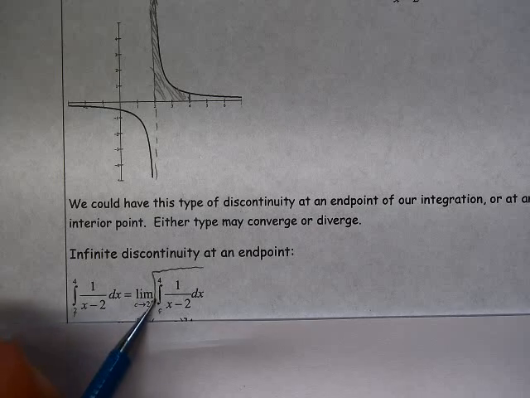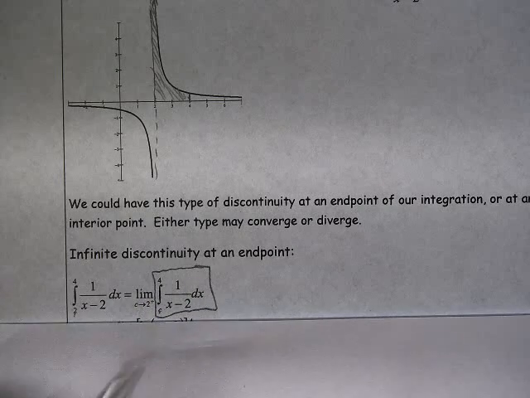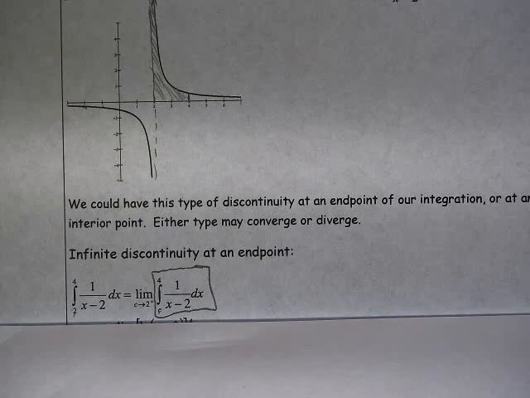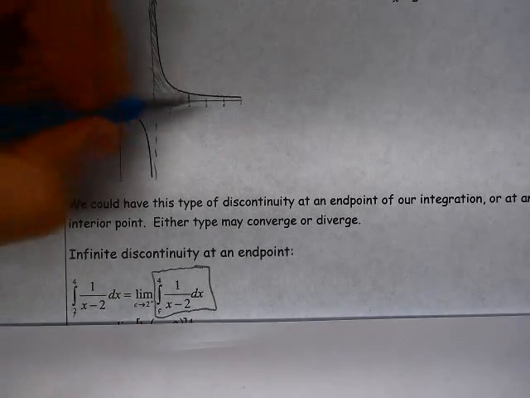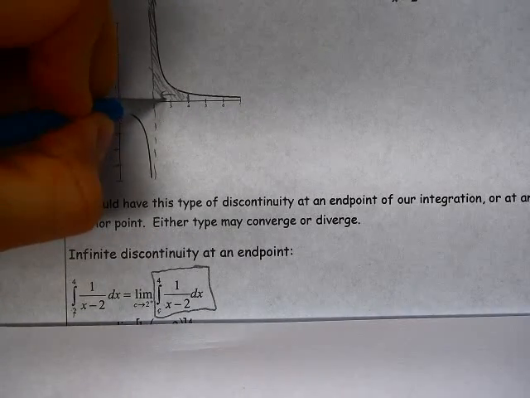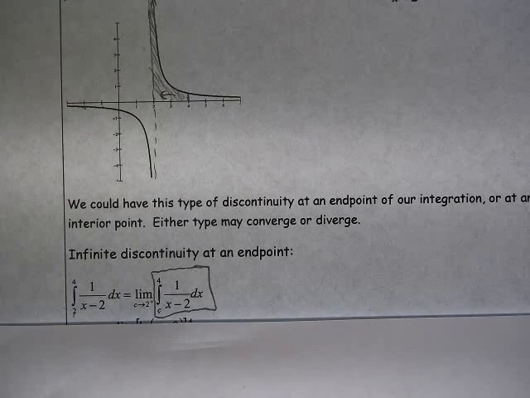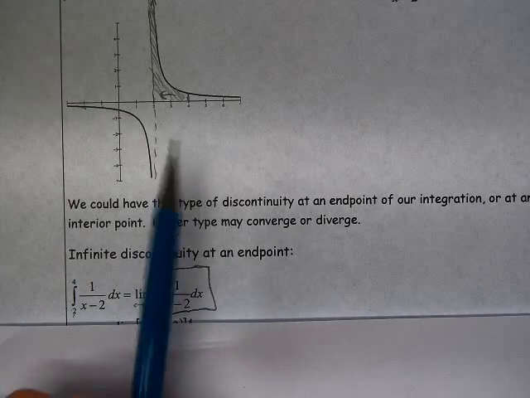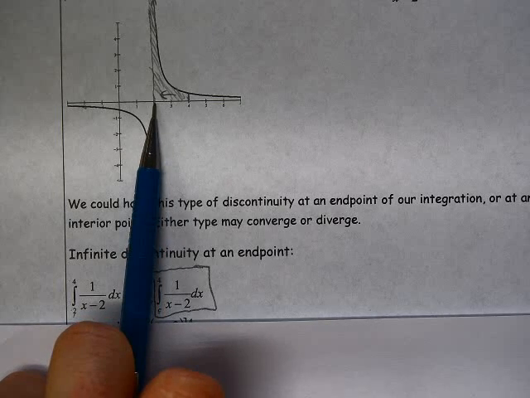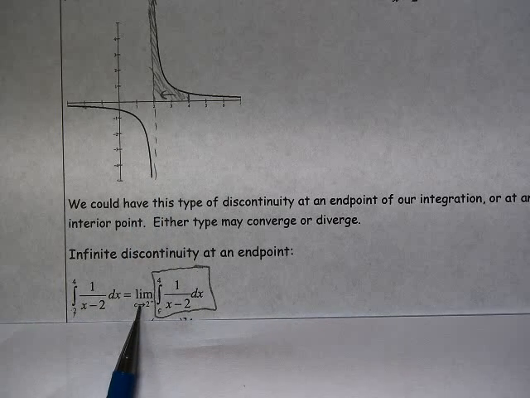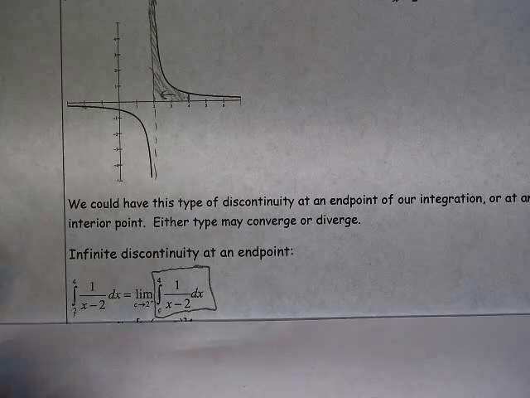So I'm going to evaluate this definite integral, and then I'm going to take the limit as c approaches 2. Note here that within this interval I'm going to approach 2 from the positive side. I want to stay within this interval but get closer and closer to the value of 2. So I'm going to approach 2 from the positive side.